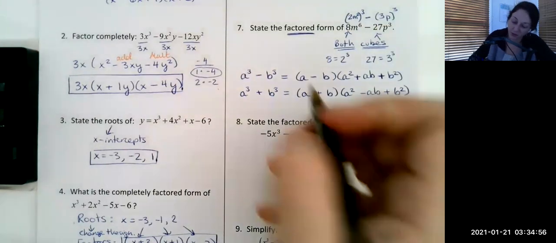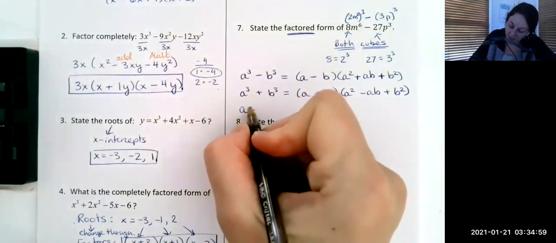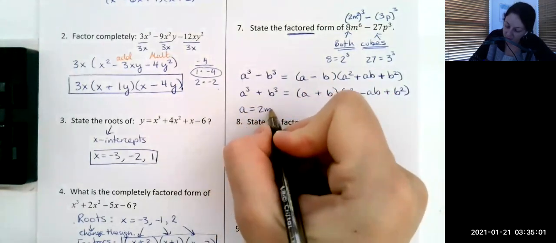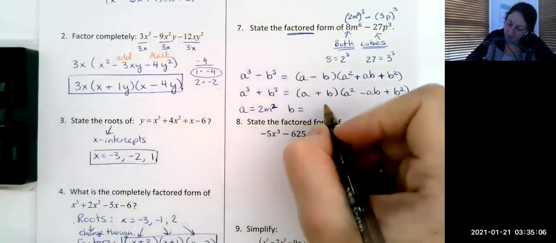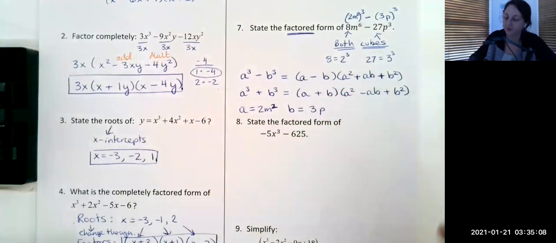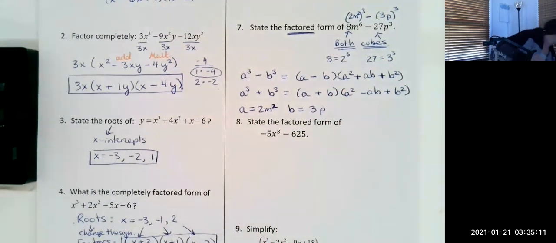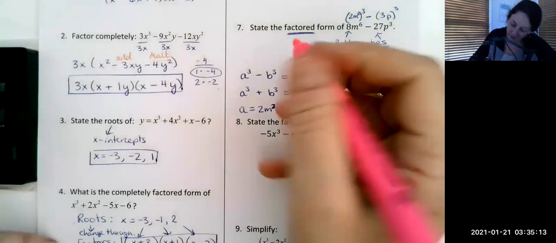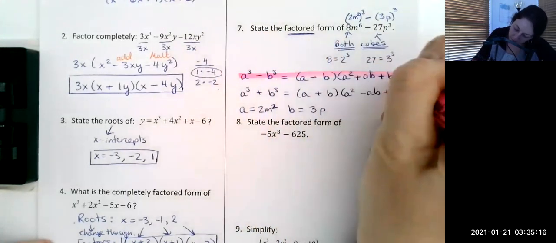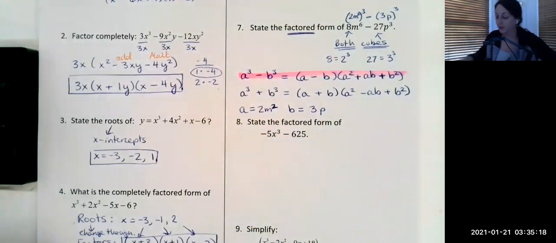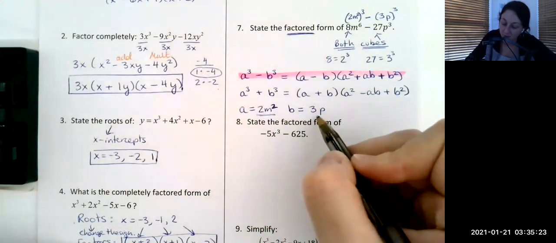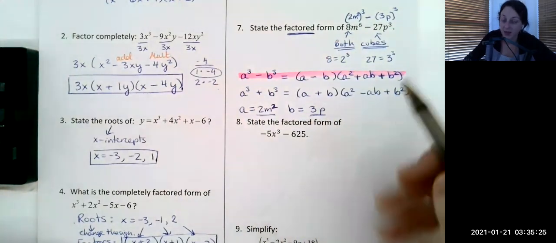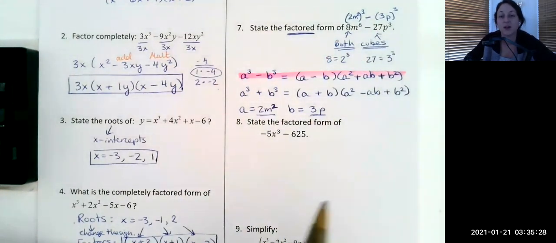What this does is set up the circumstance where a is 2m squared and b is 3p in the pattern of a cubed minus b cubed. So to factor number 7, we simply plug in 2m squared and 3p, because those are the cube roots of 8m to the 6 and 27p cubed.